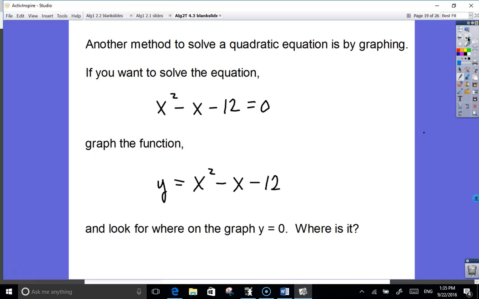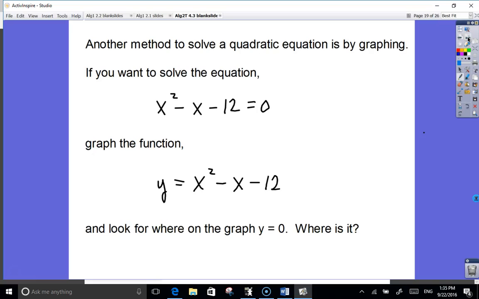But let's say you're given an equation to solve, okay? And it could be an equation that's not set equal to 0 already. You make it set equal to 0, so you have something like that. And then, as a method to solve, you say, I'm going to turn this into the function by making y equal that expression. That's not what you were given, right? This is a one variable equation that you want to solve for x.